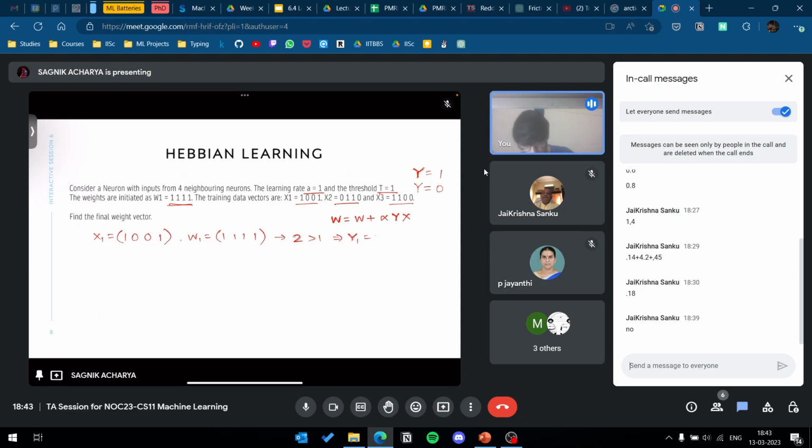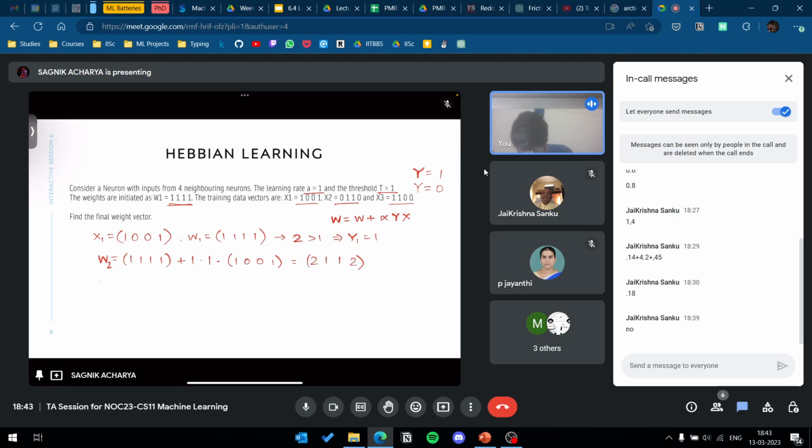So then my weights get updated, and w will become 1 1 1 1 plus alpha equal to 1, y equal to 1, and x equal to x1, that is 1 0 0 1. So this becomes w2 equal to 2 1 1 2, right?